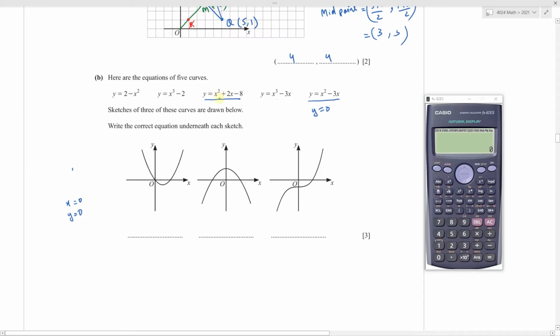And if we substitute x equals 0 here, then y equals minus 8. So this is passing somewhere below at minus 8. So this is not possible, because our curve is passing through the origin, and this equation represents this curve. So this will be y equals x square minus 3x.